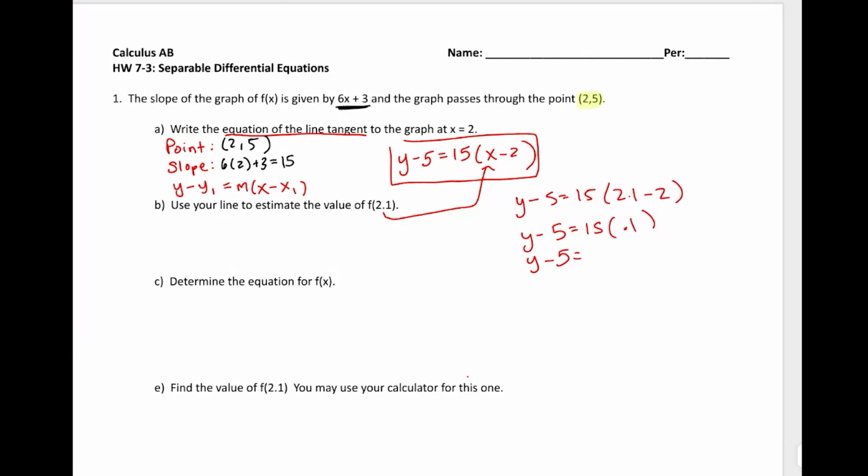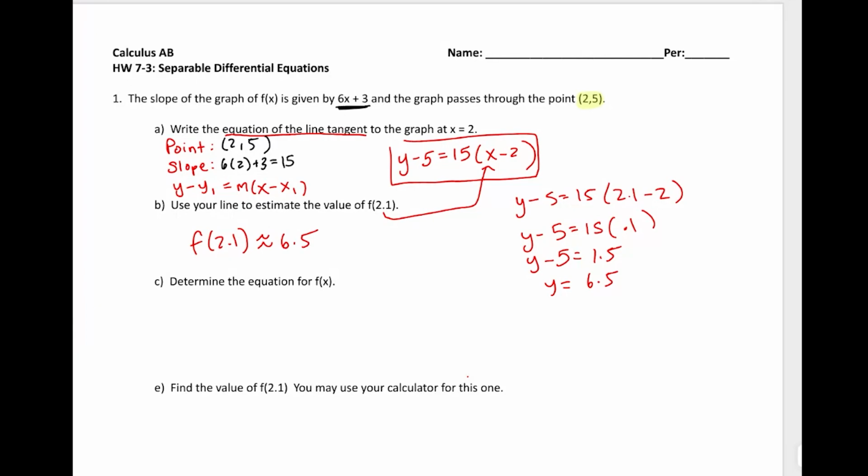So I'm going to go ahead and not use a calculator until the last part when we will actually need the calculator. So 1/10 of 15 is 1.5. And then if I add 5 to both sides, I get y equals 6.5. So we can say that f of 2.1 is approximately 6.5 using that linear approximation.